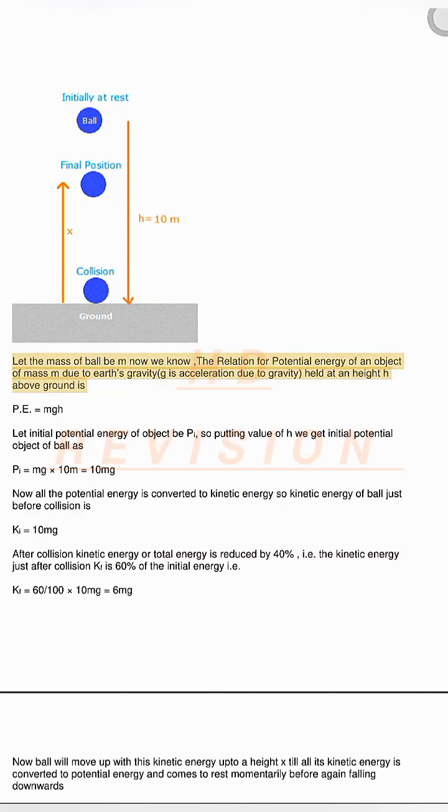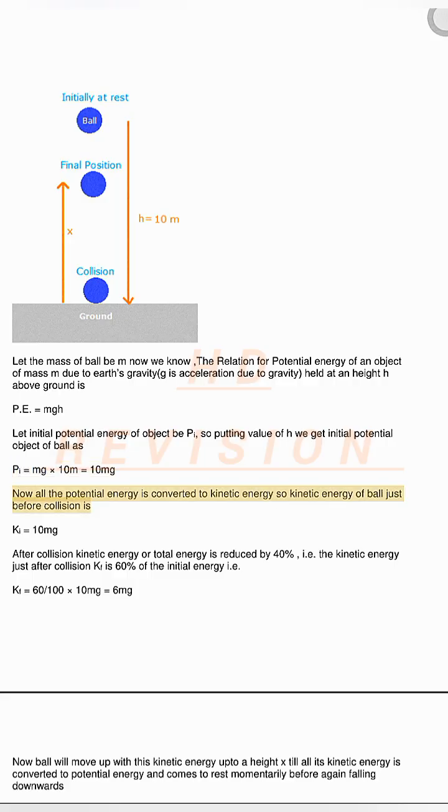Let the mass of the ball be m. Now we know the relation for the potential energy of an object of mass m due to Earth's gravity, where g is acceleration due to gravity, held at a height h above ground: P equals mgh. Let the initial potential energy of the object be Pi, so putting the value of h we get the initial potential energy of the ball as Pi equals mg times 10 meters equals 10mg.